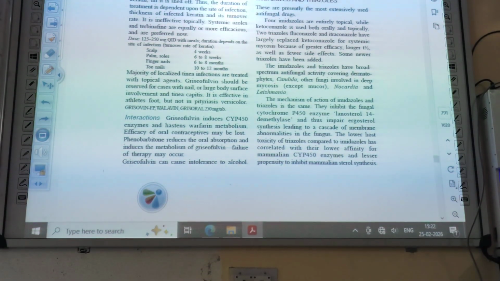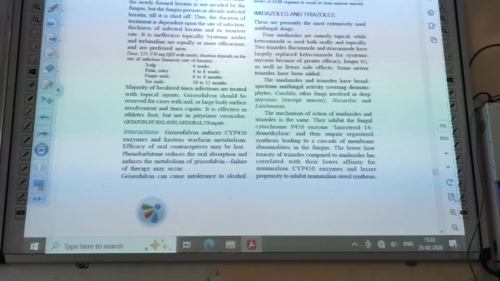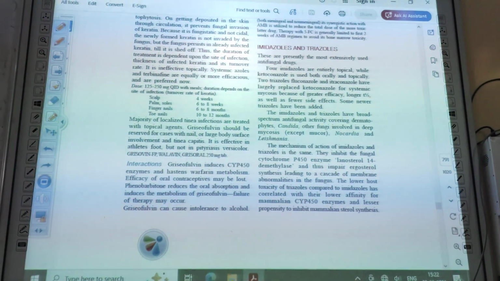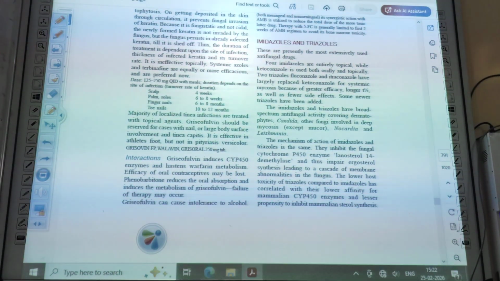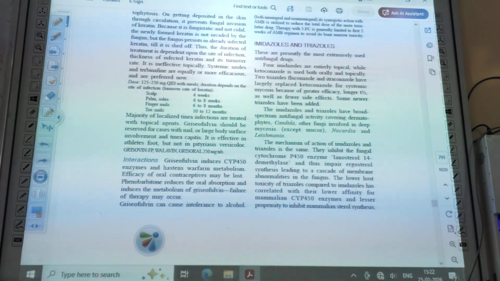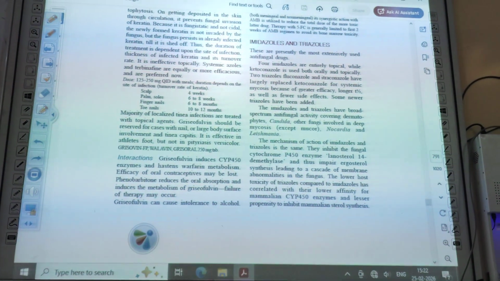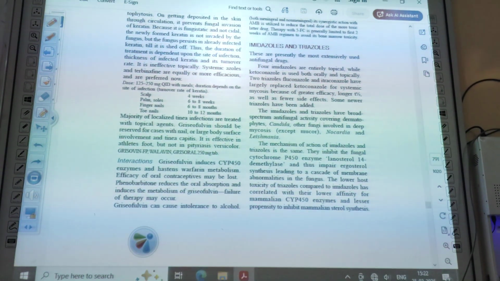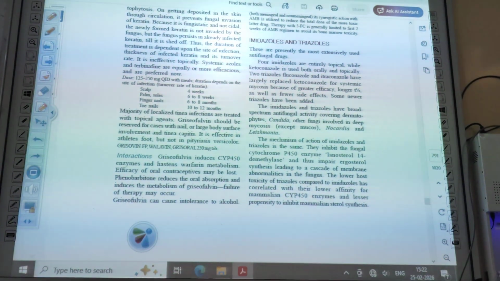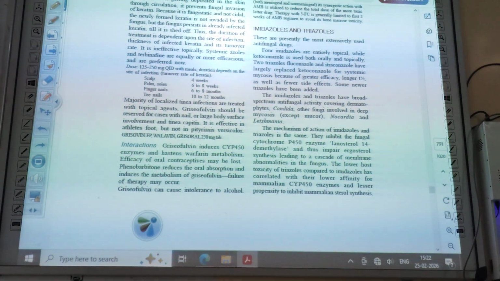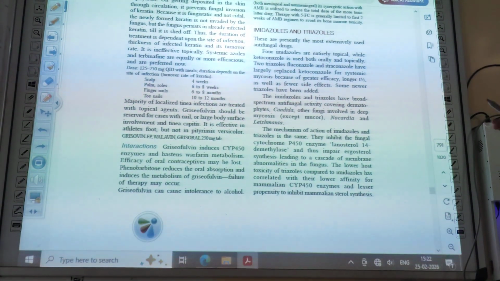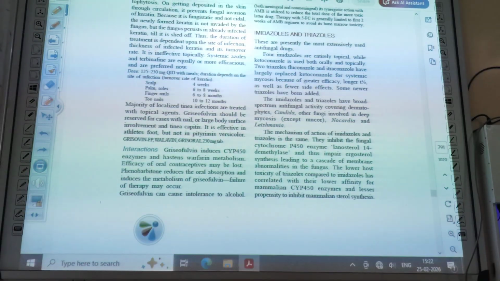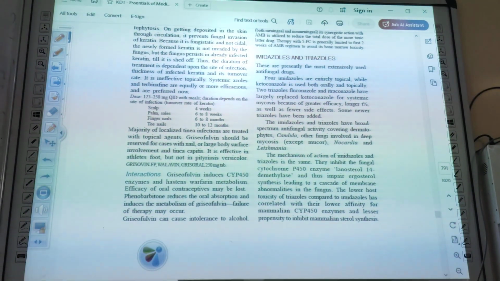Then the mechanism of action, uses, adverse effects, etc. Imidazoles and triazoles are presently the most extensively used antifungal drugs. Four imidazoles are entirely topical, while ketoconazole is used both orally and topically.